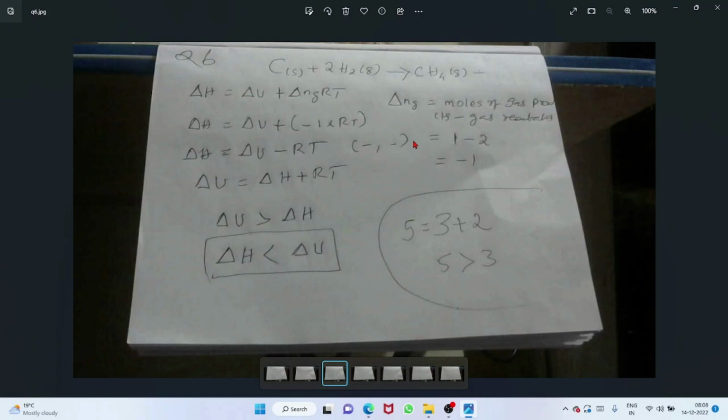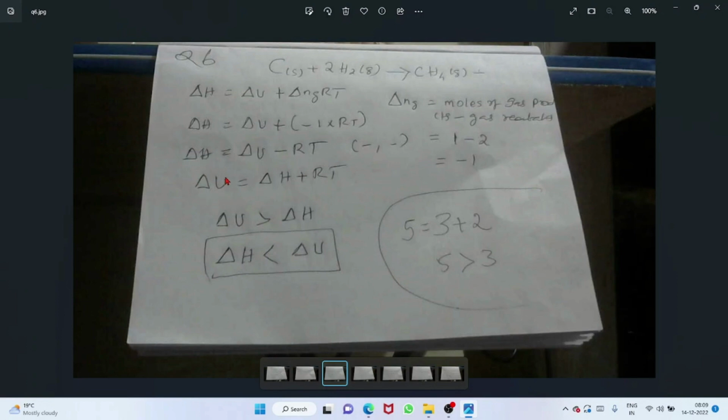Delta Ng is the number of moles of the product minus reactant in the gaseous state. In the product there is only 1 mole, but in the reactant 2 moles in the gaseous state. So 1 minus 2, delta Ng is minus 1. Substitute delta Ng as minus 1 in the equation.